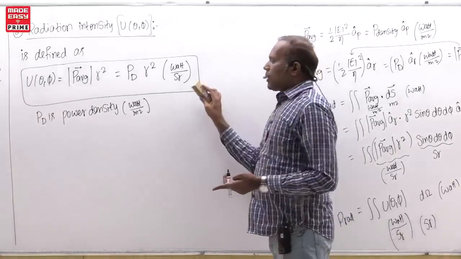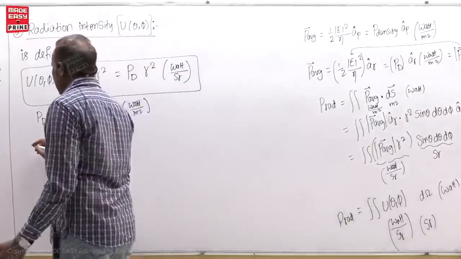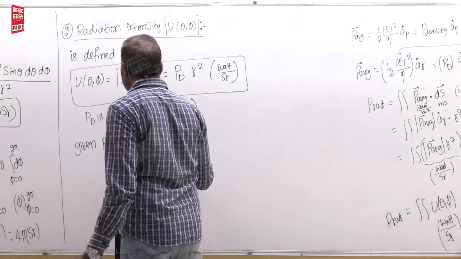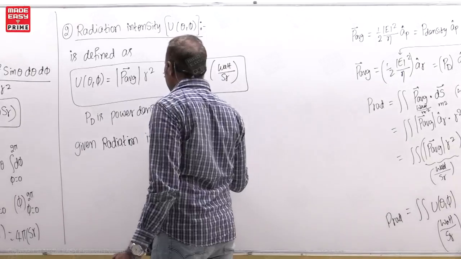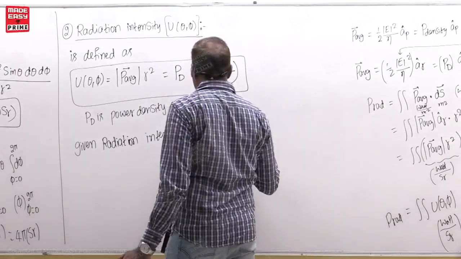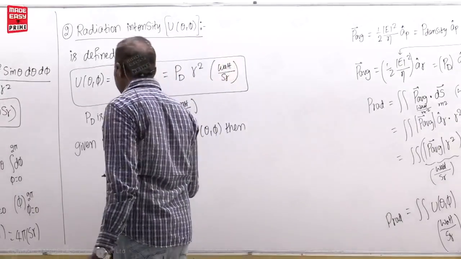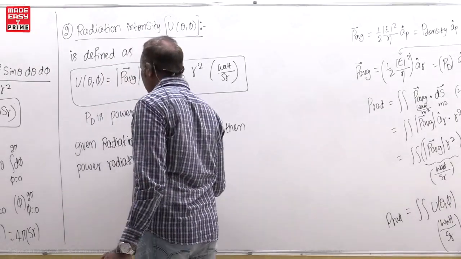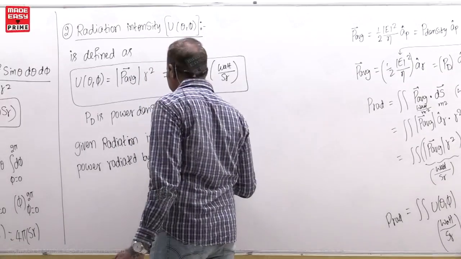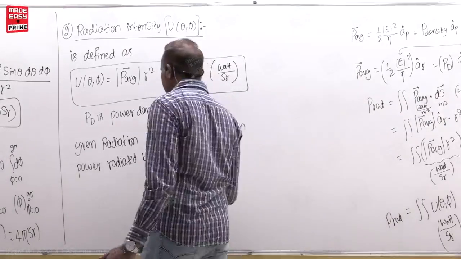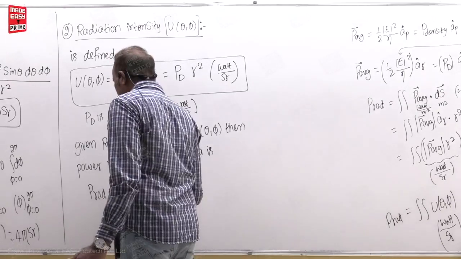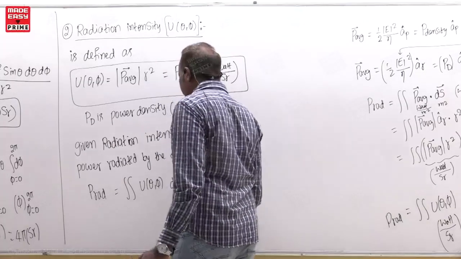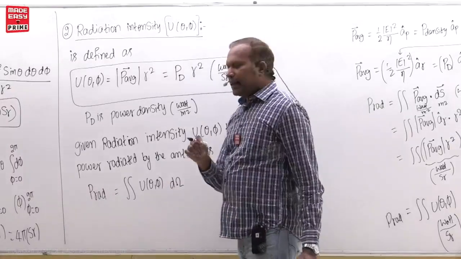Okay, this is one formula. Second formula: given the radiation intensity U(theta, phi), the power radiated by the antenna is equal to the double integral of U(theta, phi) d omega, where d omega means sin theta d theta d phi.